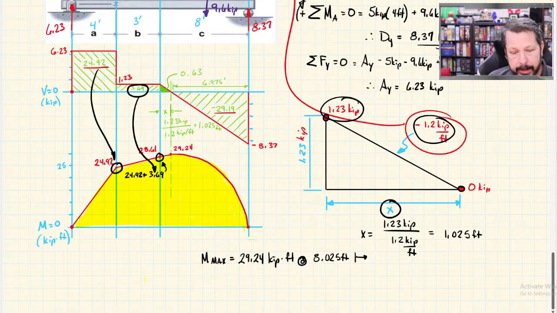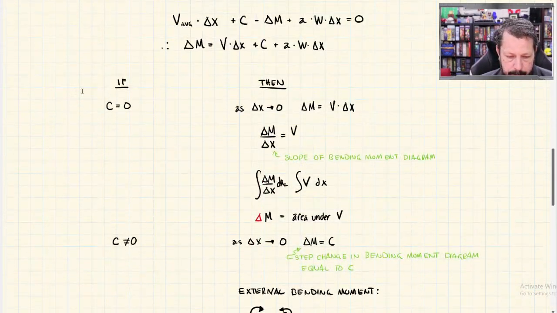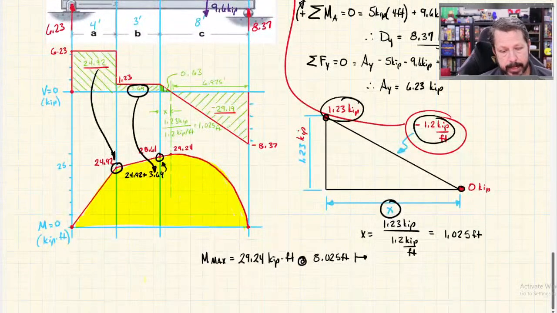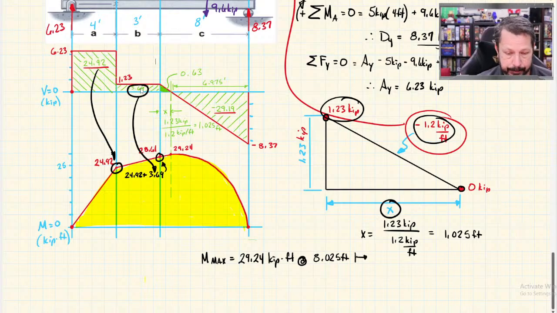So all that happened in that segment, if I go back to my rules, C equals 0, there's no concentrated moment there, then the change in the bending moment is equal to the area under the shear diagram. So the area under that corresponding shear diagram was 3.69 kip feet.